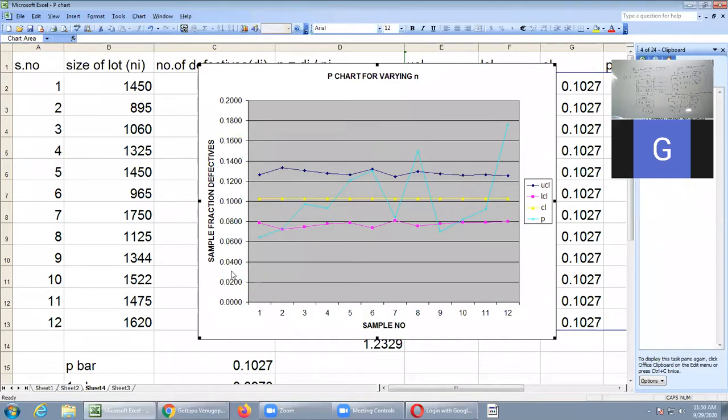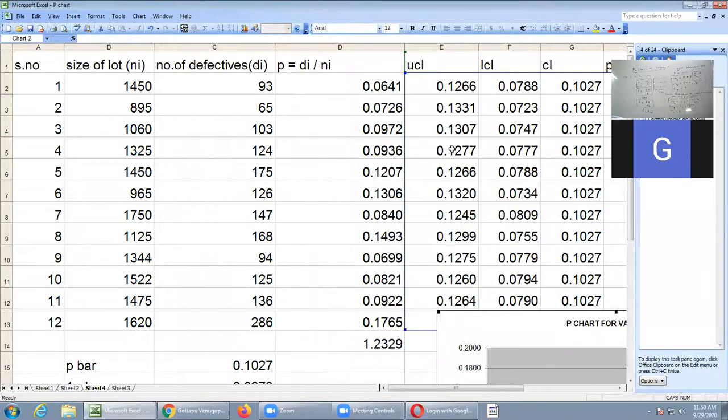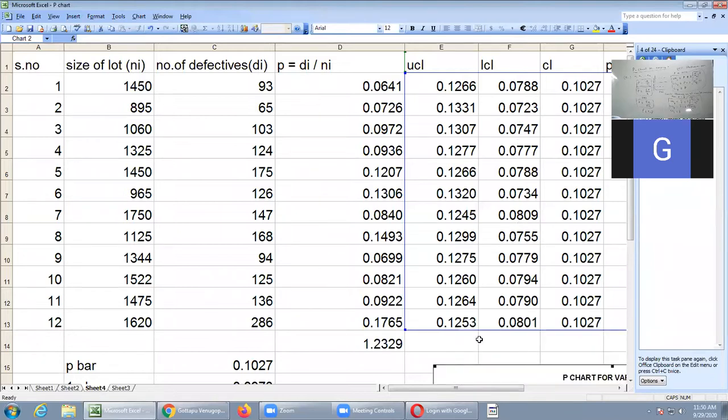Similarly LCL also you can consider. What is the LCL? See the LCL, the least value. What is the least value in the LCL? This is 0.0723. This is the least value of LCL. And the least value of P, in P what is the least value? I think 0.0641.